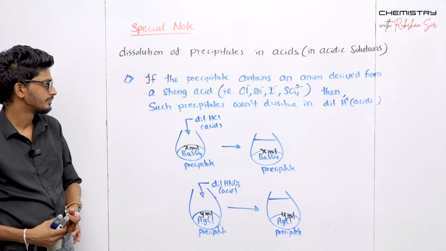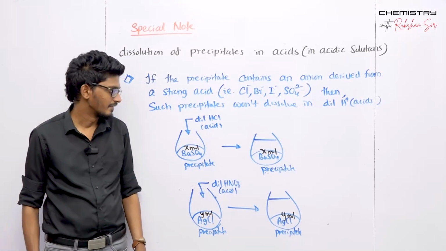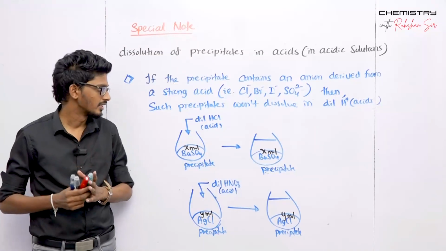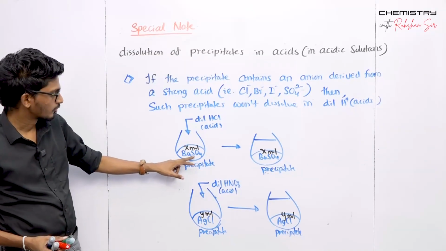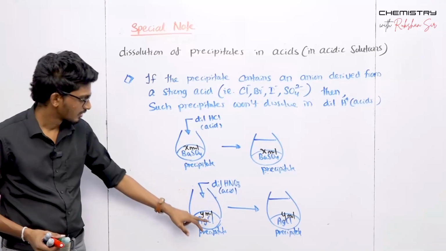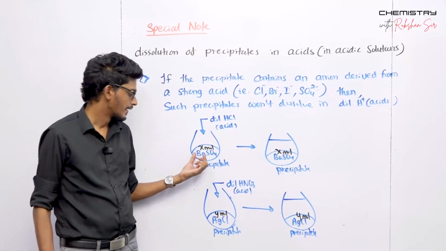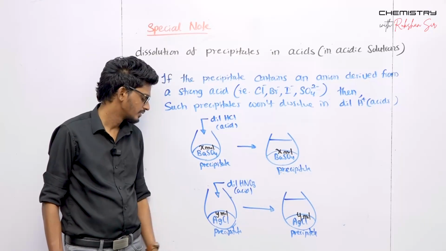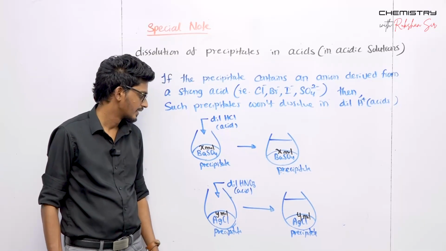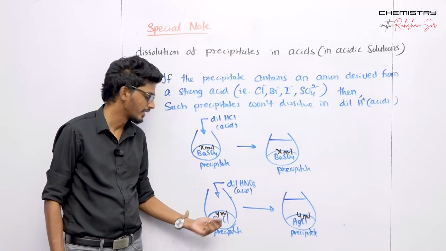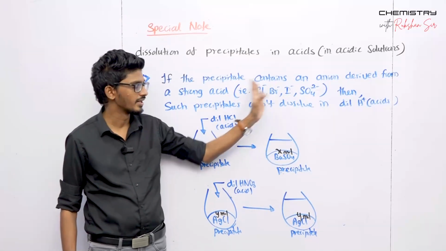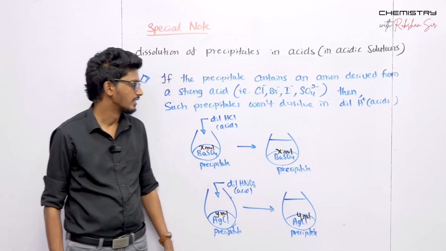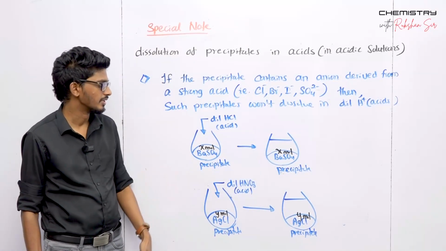It's very important now. So we'll discuss the applications of this thing. First of all, keep it in mind, if a precipitate is with a strong acid anion, sulfate, fluoride, even lead sulfate, strontium sulfate, lead chloride, mercury chloride, those stuff. If a precipitate is a sulfate or a chloride, some strong acid anion, those won't dissolve in dil acids, in acidic mediums.